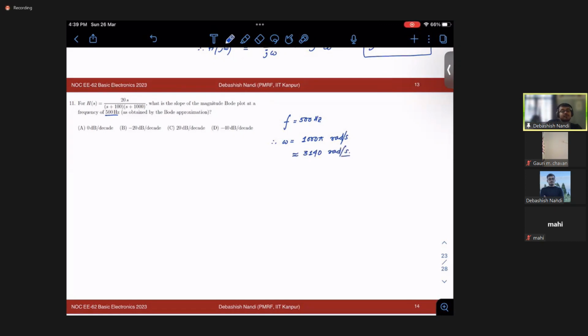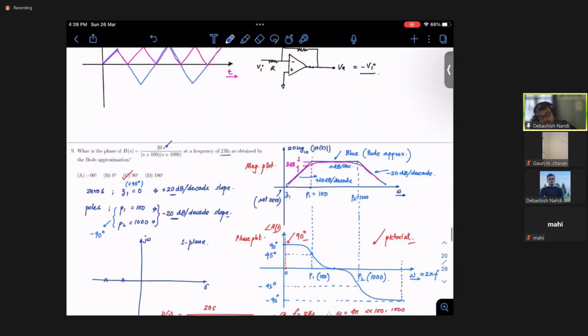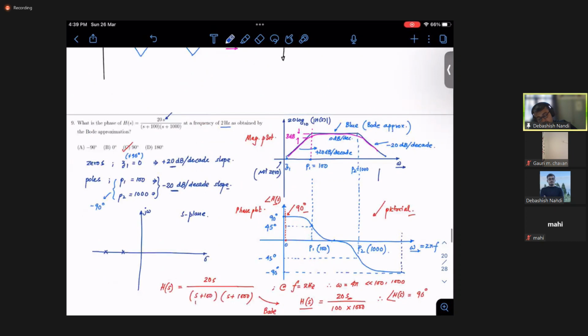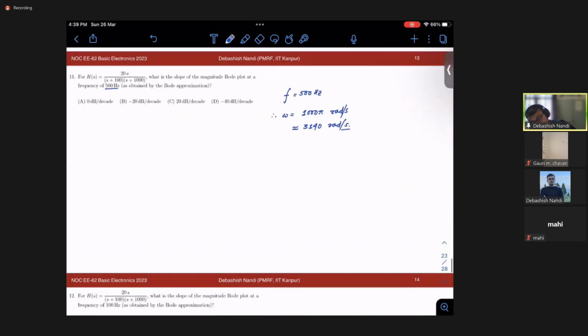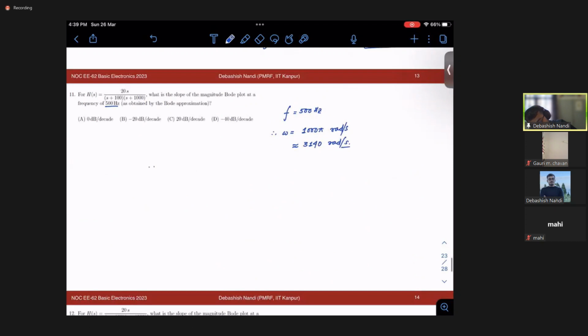And what is the slope beyond your 1000? Again, if you recall this Bode plot, beyond 1000 it is minus 20 dB per decade, right? So your slope, refer to the plots drawn at problem number 9.